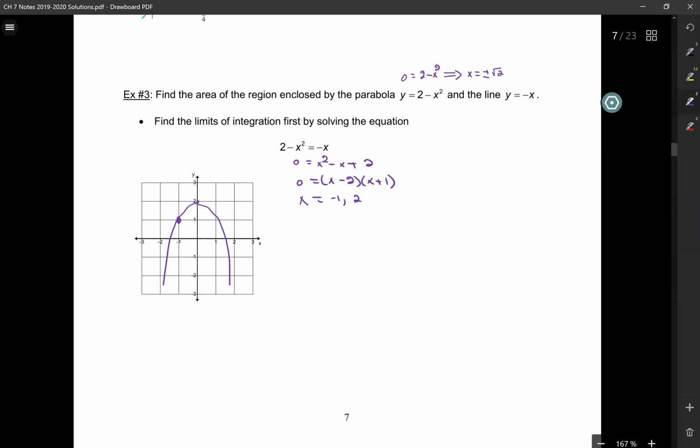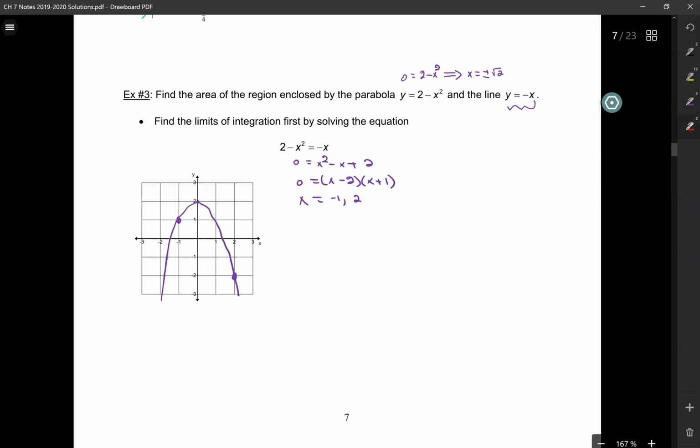When x is 2, what's y? For any of these, when x is 2, look. What's y for this one? Negative 2. So at 2 and negative 2, these things are going to cross. So you need to draw it so that they do both hit those points.